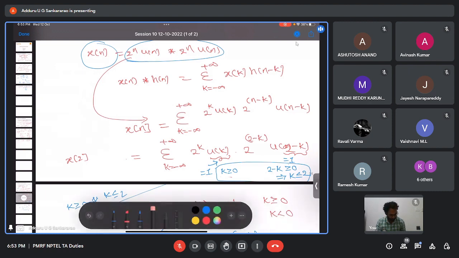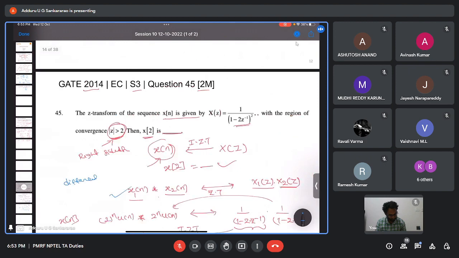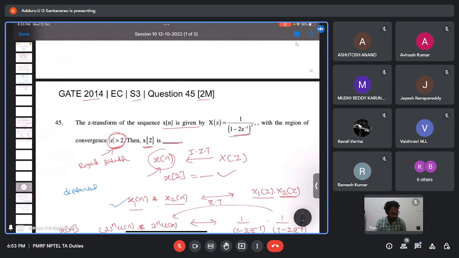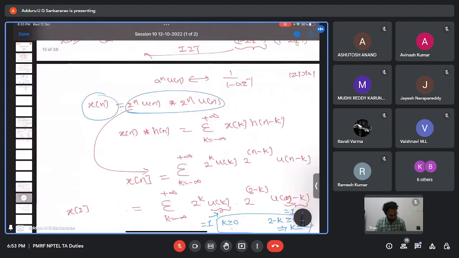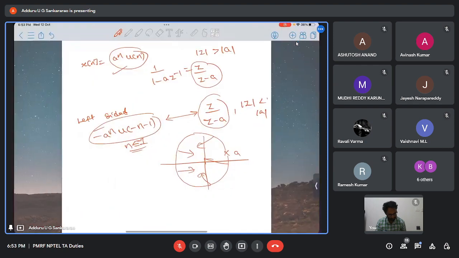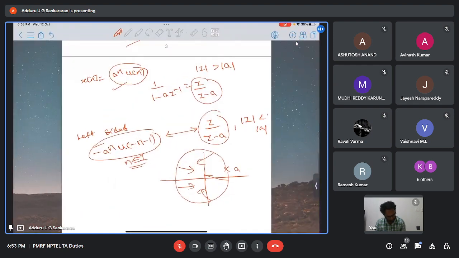But while finding the inverse z-transform of these kinds of signals, you should be careful about the ROC. Here, a power n u of n has the z-transform z by z minus a, that is 1 by 1 minus a z inverse.